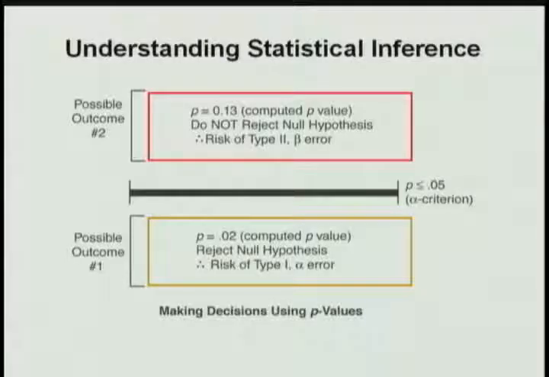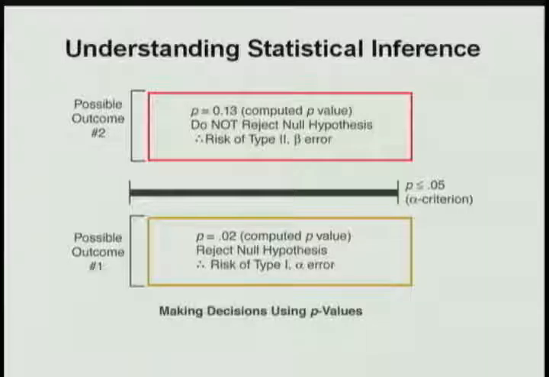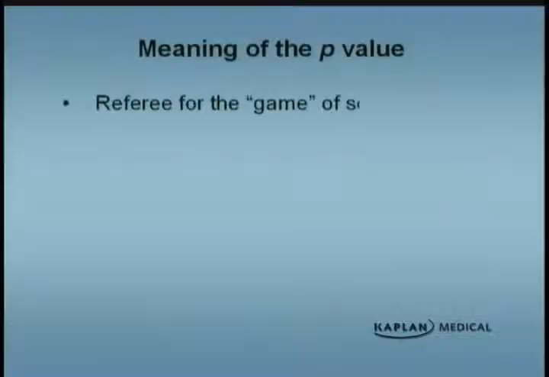Based on the information presented below the bar here, your best reply to the patient would be, listen, gee, I have no idea. Because those of you looking at the p-value, stop it again. The p-value does not answer your patient's question. So let's think more about what this p-value gives us. The p-value is basically the referee in this game of science that we're playing.